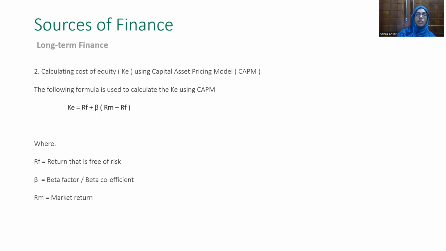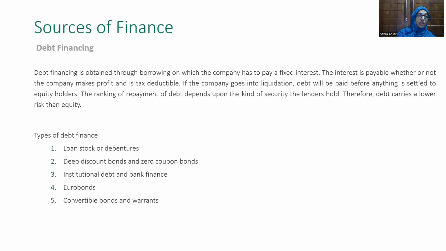We could also calculate the cost of equity using the CAPM model, where the risk-free return and the beta factor are used. There's no necessity for you to really know this now, because you'll be doing sums on it in your investment appraisal section.